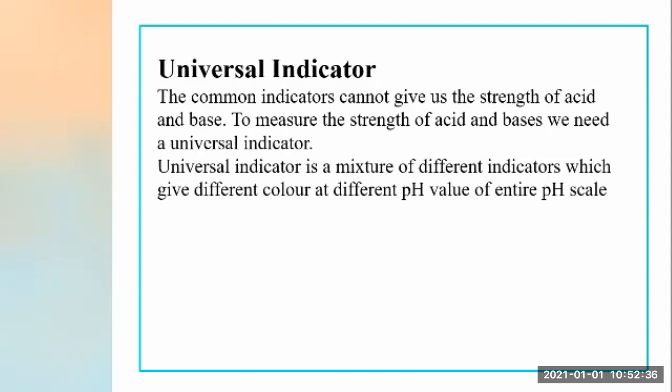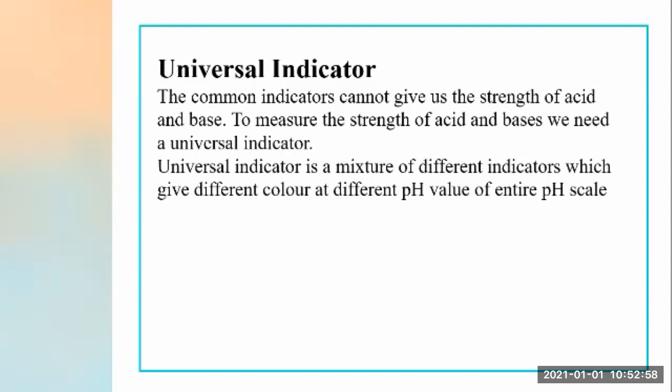But with the help of a universal indicator, we can measure what? We can measure the strength of acid and the strength of base in the substance which we are measuring. Common indicators cannot give us the strength of acids and bases, right? They just show whether the substance is an acid or a base.